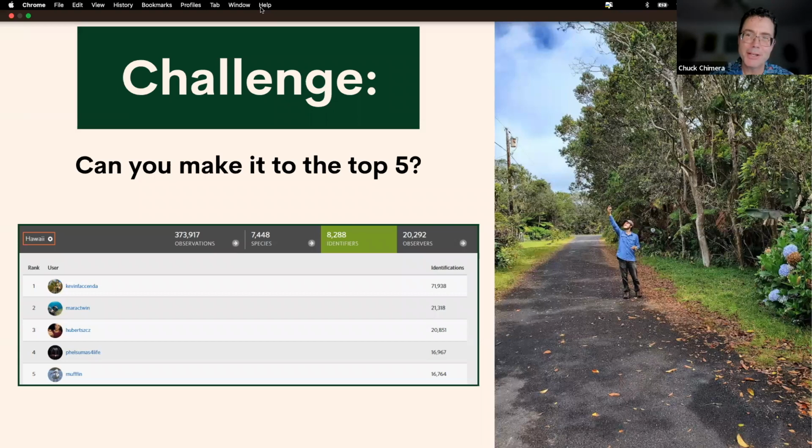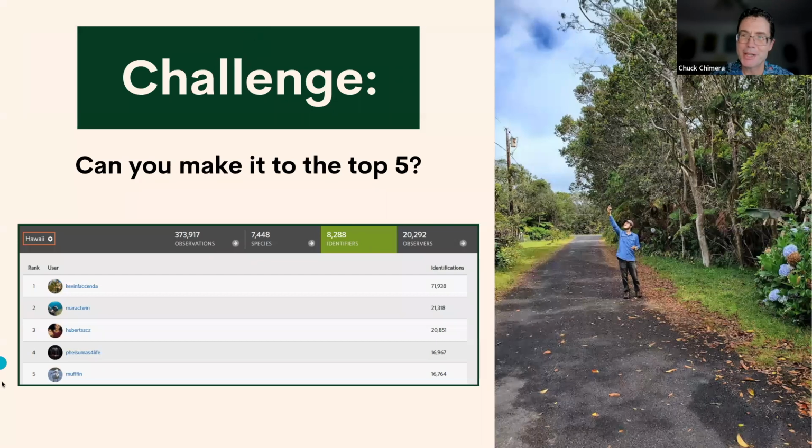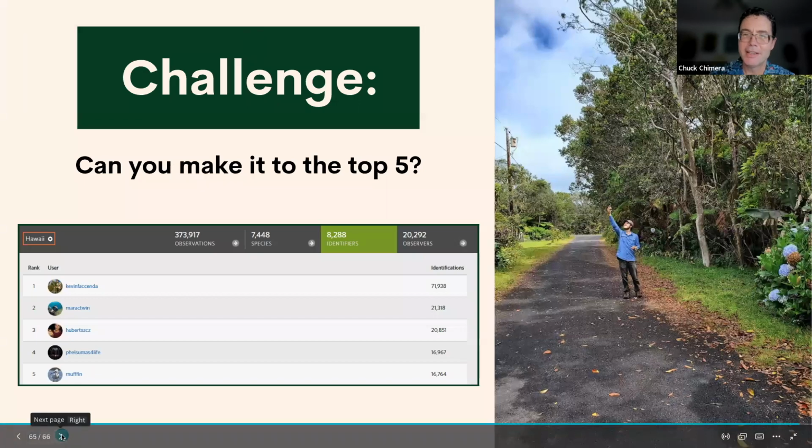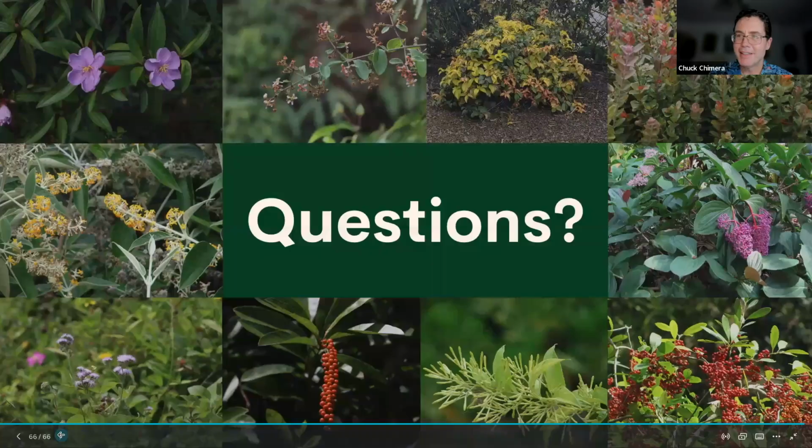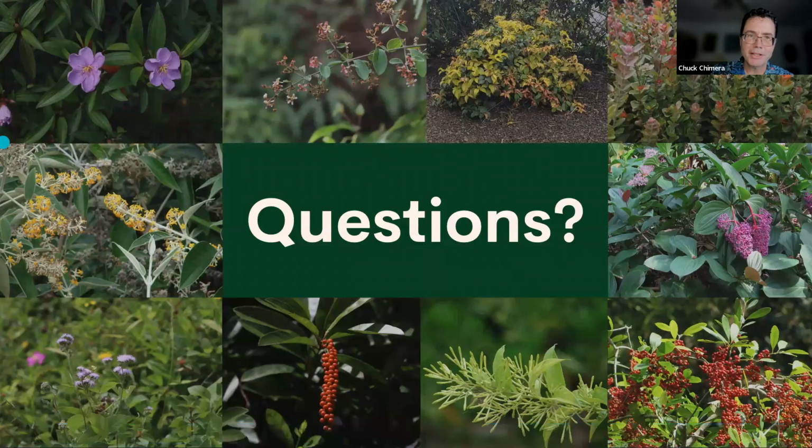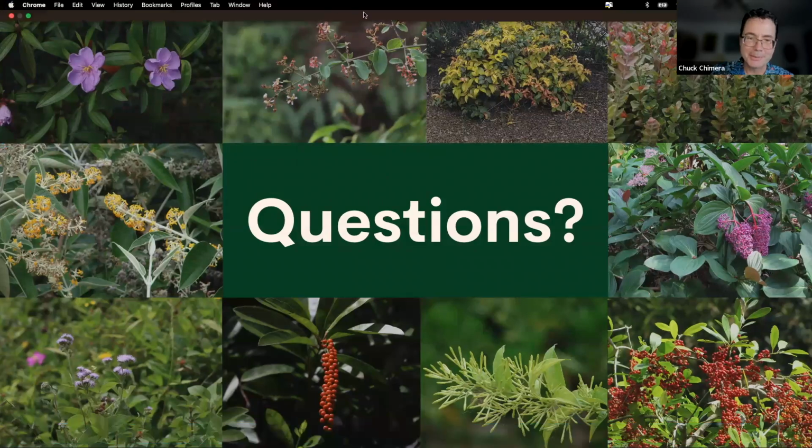So we want to challenge you folks to adopt and use iNaturalist and see if you can make it into the top 5, because the more people that contribute, the better and better it gets, and the more quickly we'll all be able to get our plants identified. So if there's still time and people are willing, we're ready to take some questions.